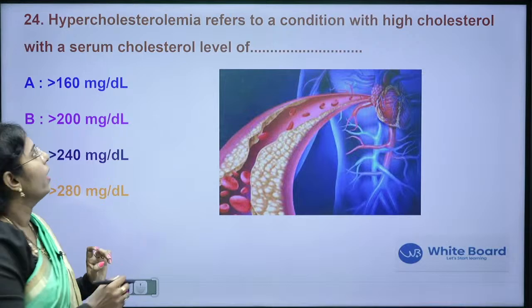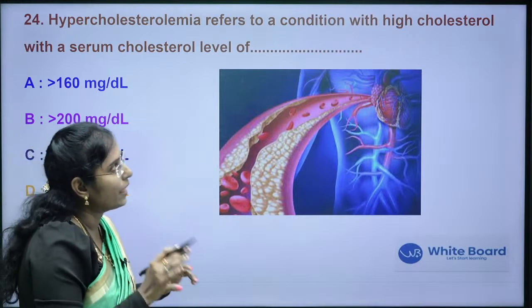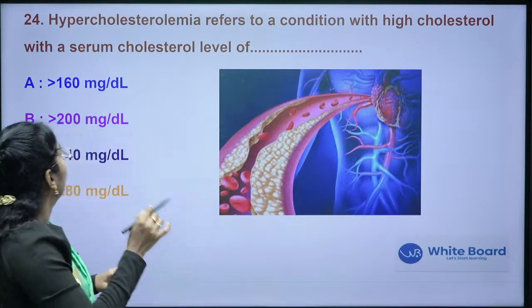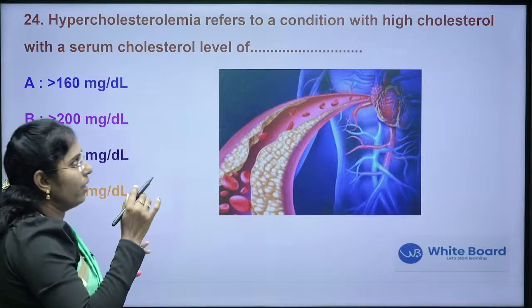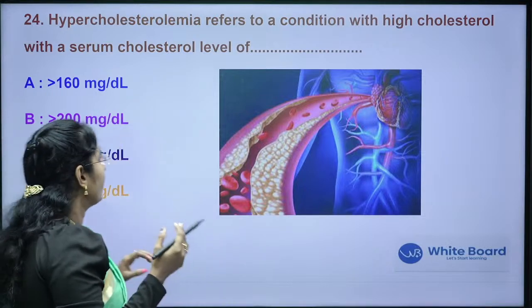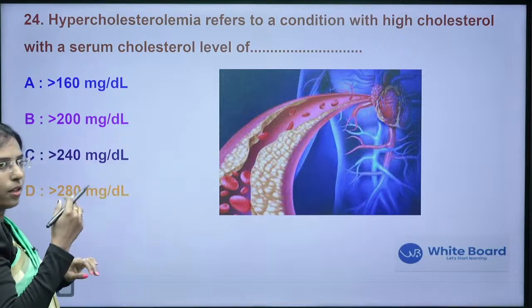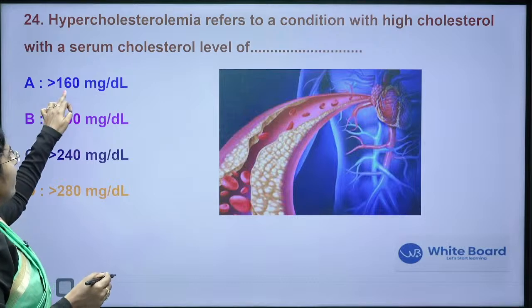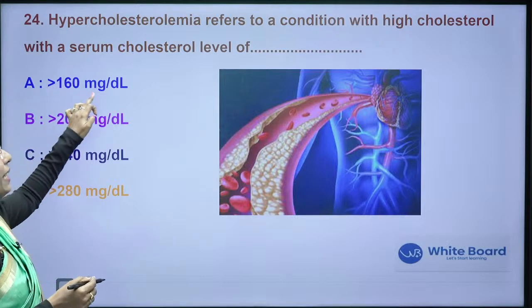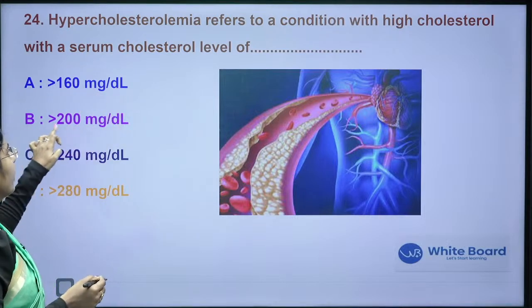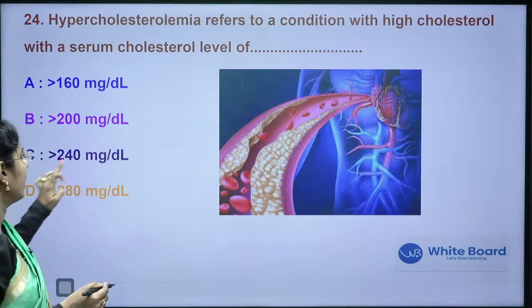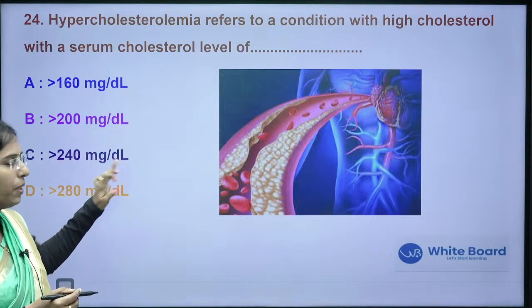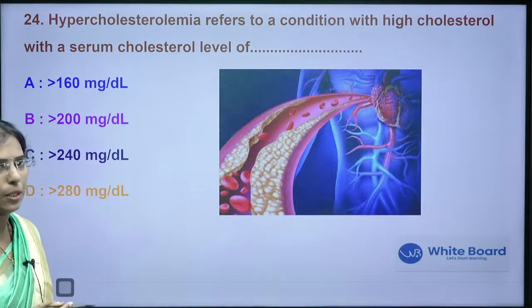Hypercholesteremia refers to a condition with high cholesterol. There is a range for hypercholesteremia. Here they have given 4 options: greater than 160 milligram per deciliter, greater than 200 mg per deciliter, greater than 240 mg per deciliter, and greater than 280 mg per deciliter.